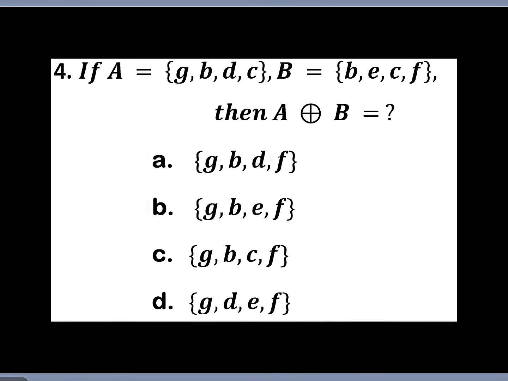Another one: if set A is the set of G, B, D, and C, and set B is the set of B, E, C, F, then find A symmetric difference B. Symmetric difference means we're looking for the unique elements from both sets.